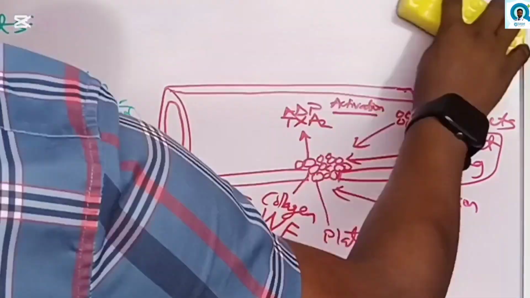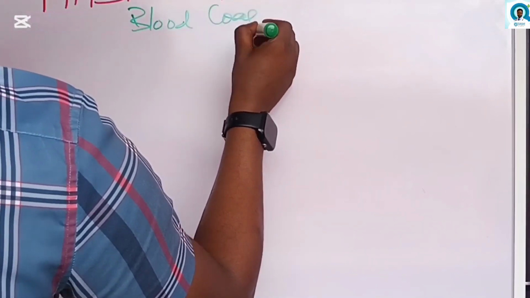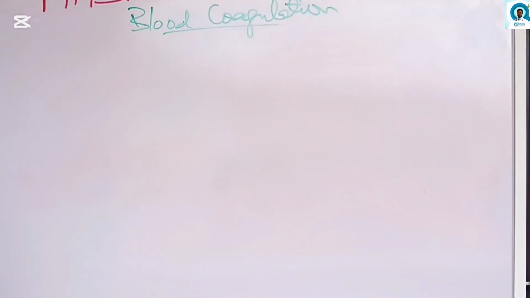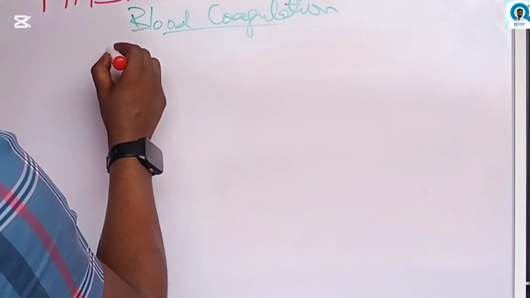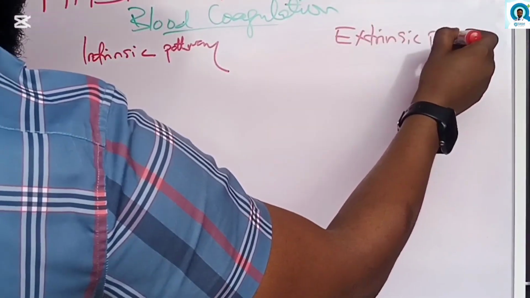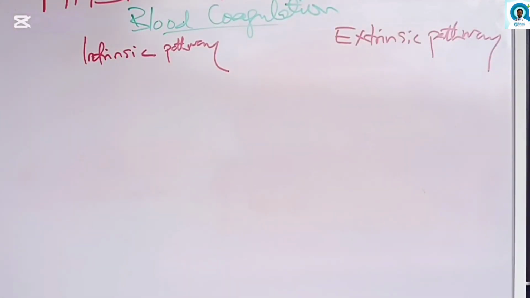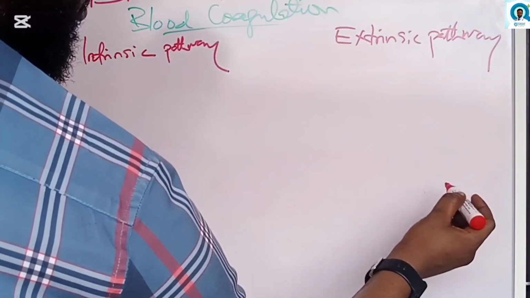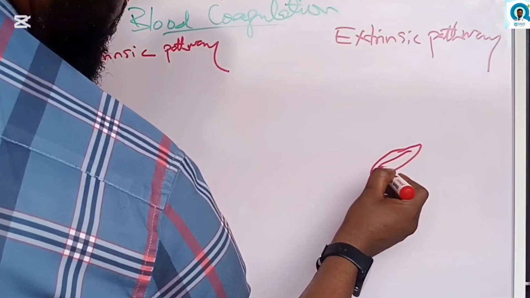The next component of hemostasis is blood coagulation or fibrin formation. This occurs via 2 pathways, the intrinsic and the extrinsic pathways, which are aided by the clotting factors.